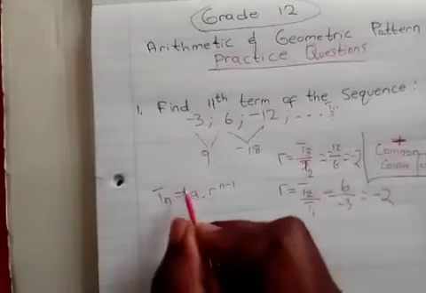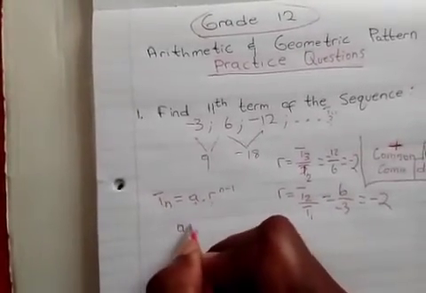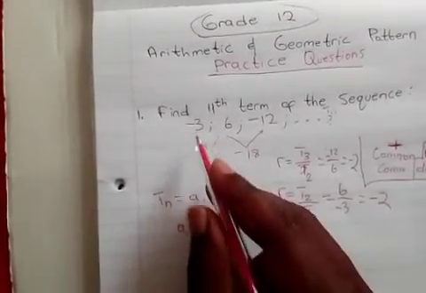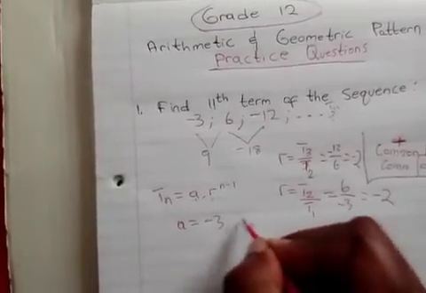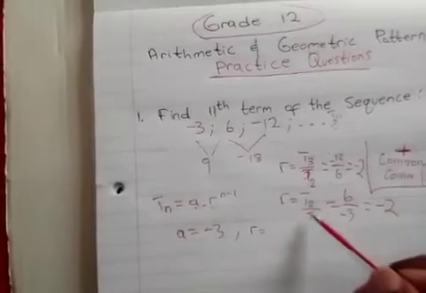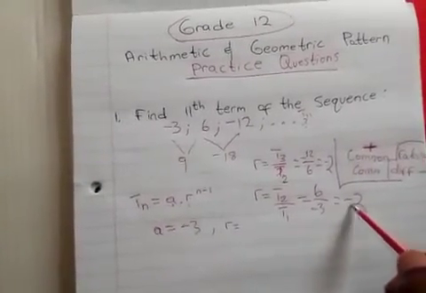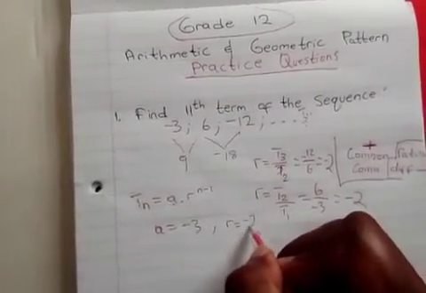Remember, a is your first value, which is negative 3. And then r is your common ratio, which we just calculated to be negative 2.